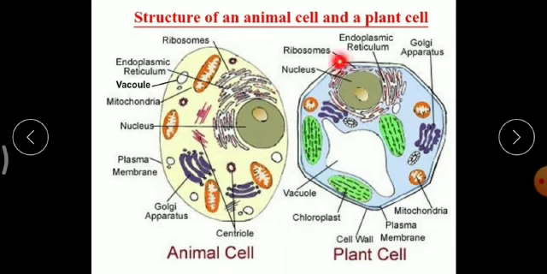But in the case of a plant cell, both cell membrane and cell wall are present. The vacuole size in an animal cell is smaller in comparison to the plant cell. Then chloroplasts are present only in the plant cell and not in the animal cell.